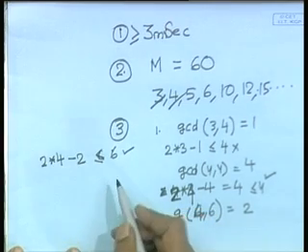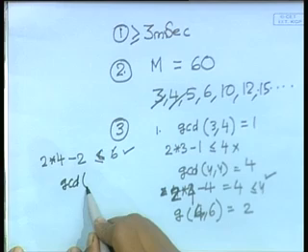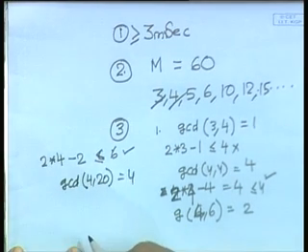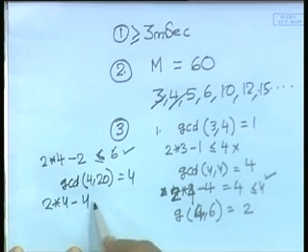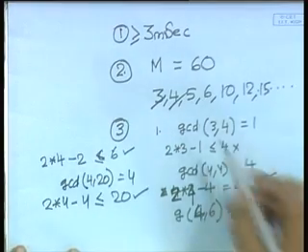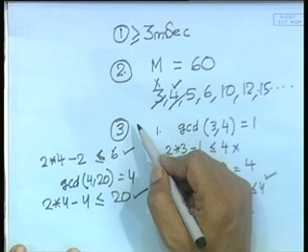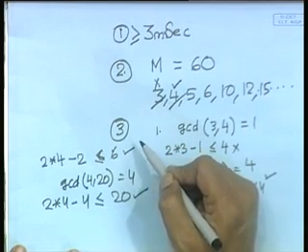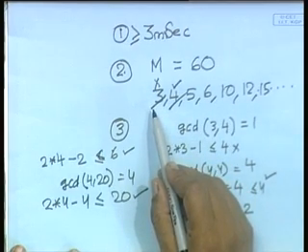What about the third task? The GCD of 4, 20 is 4. Now 2 into 4 minus 4 is less than or equal to 20, satisfied. So all the 3 tasks can run on frame size 4, but not on 3. So it is not really necessary that they will run on the smallest frame size.